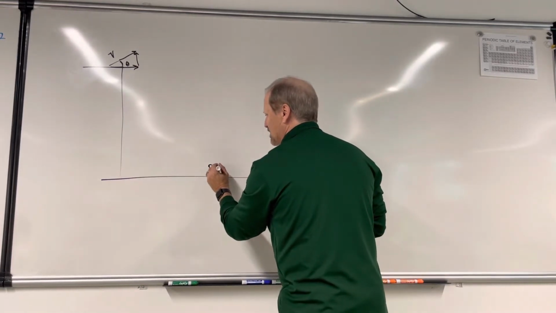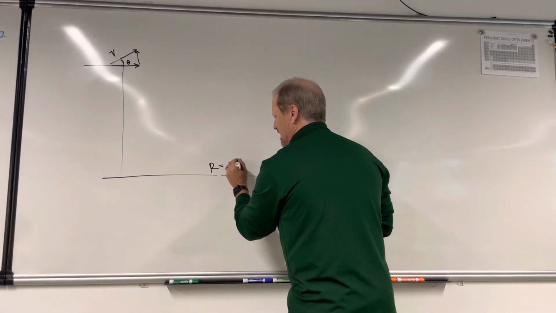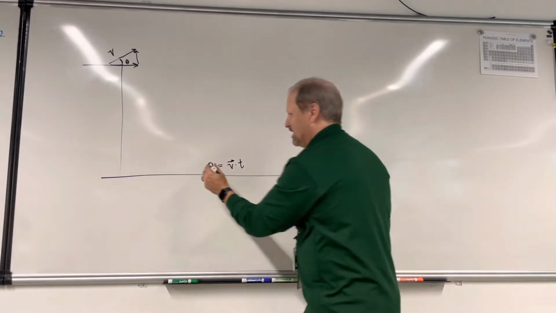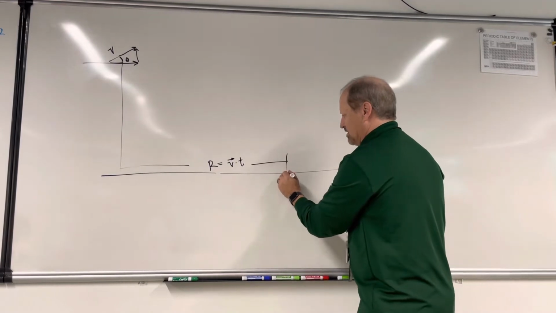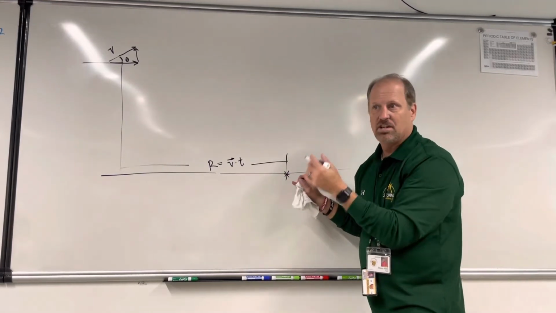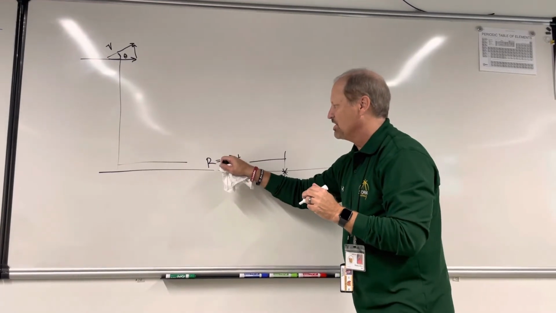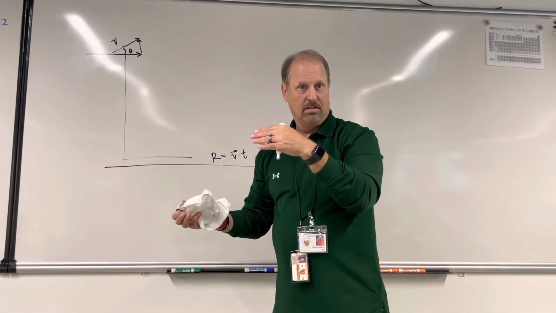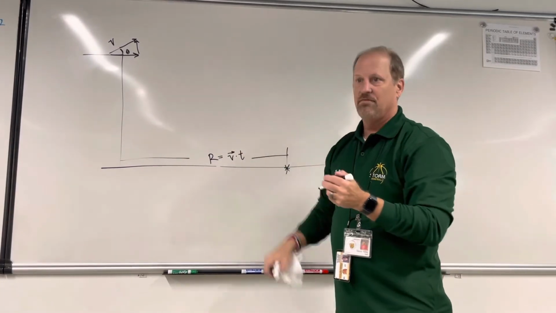So the range is equal to the horizontal velocity times the time in the air. Distance is velocity times time. We're going to determine that range length, the distance. What do we know about the horizontal velocity? It's constant. So that's why we can use the constant speed formula.